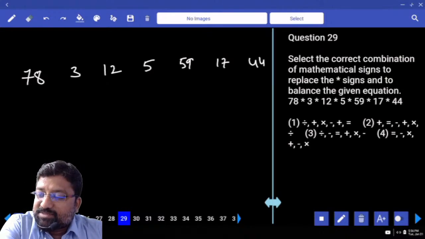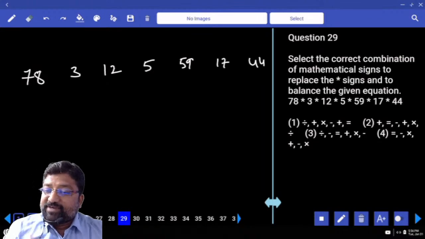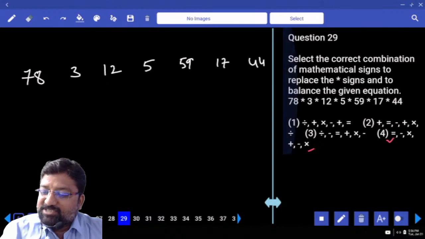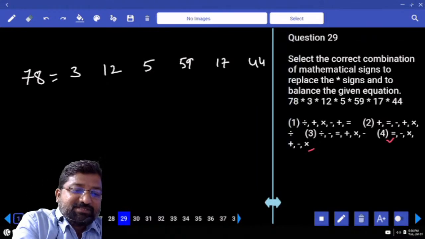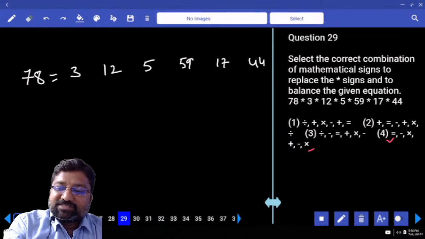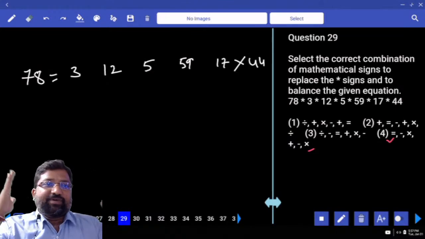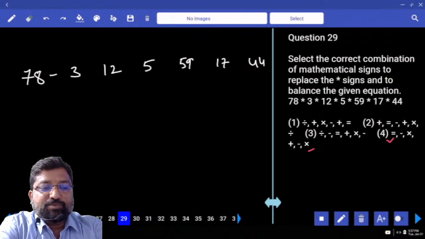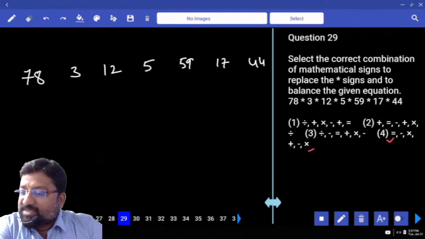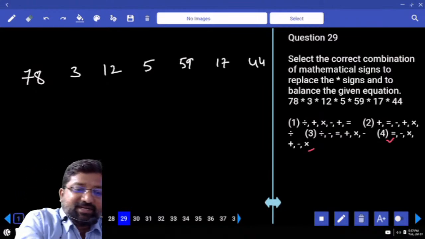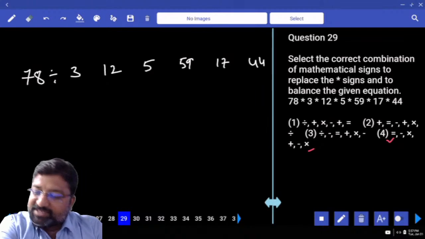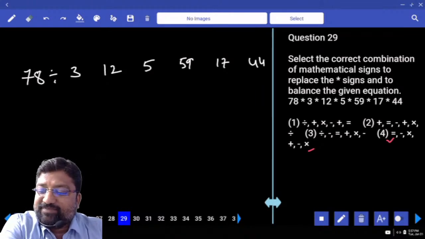There is no division, but we do have multiplication. The last option has equals in the first place and into in the last place. Your answer should be equal to 78. 17 into 44, you go very far. Are there fewer possibilities or more? Fewer. Second option, 78 divided by 3. Is 78 divisible by 3? Yes.